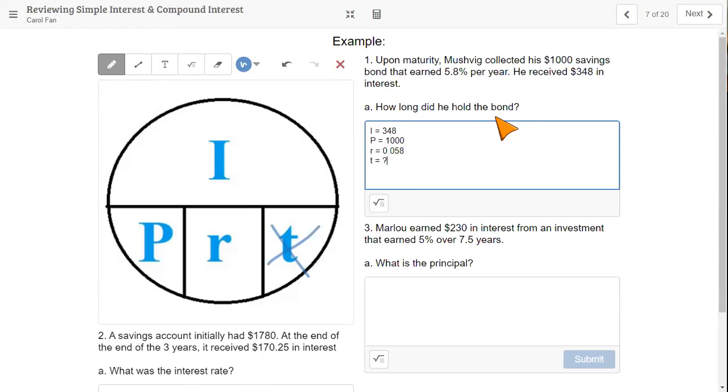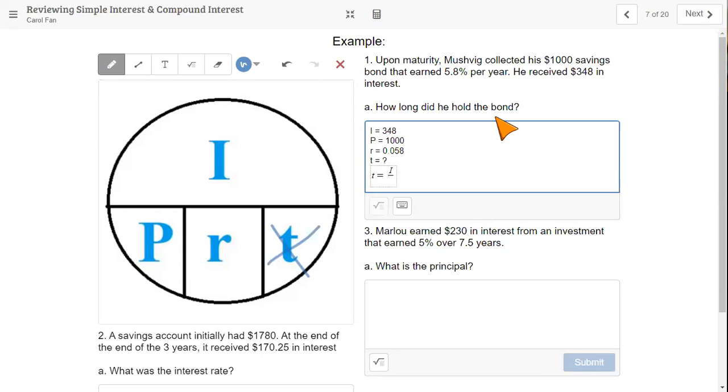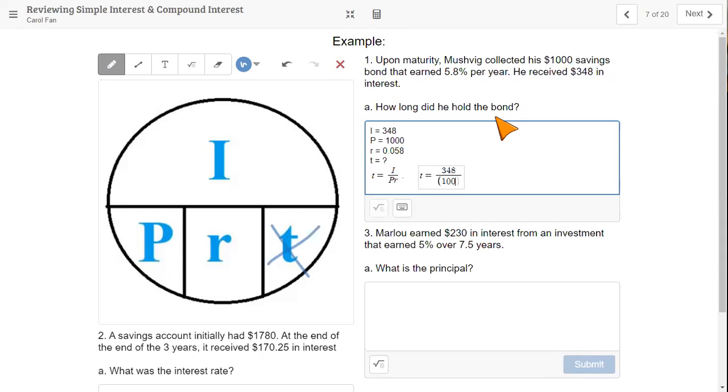And we are looking for T. So T is equal to I divided by P times R. Right, let's insert the information that we have: 348 divided by 1,000 times 0.058.